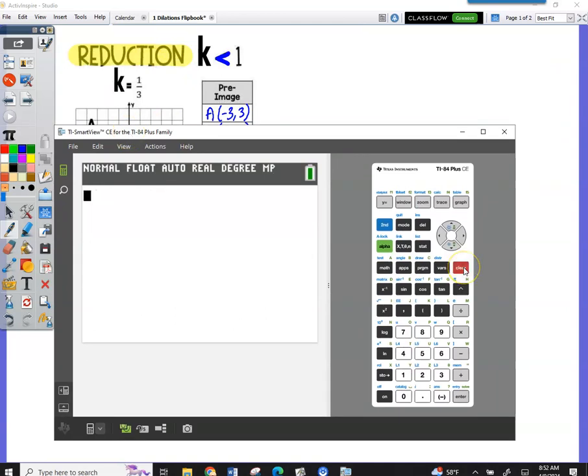I can only show point A in that calculator. Okay, so I'm going to multiply each number by 1/3.